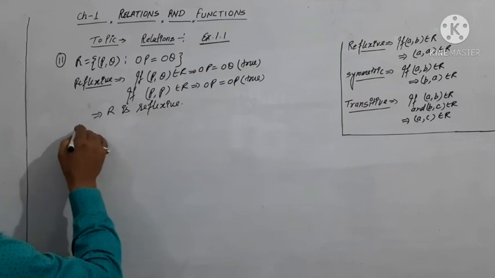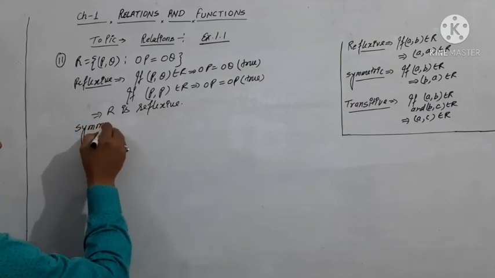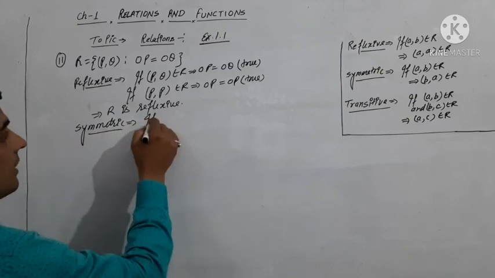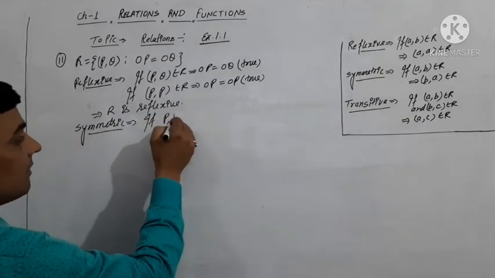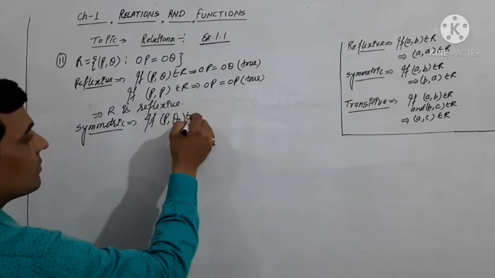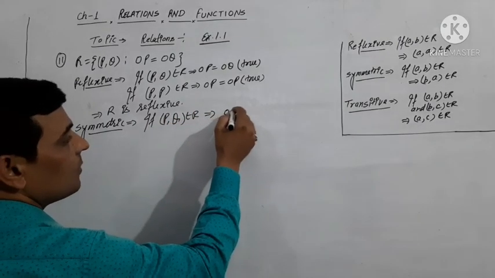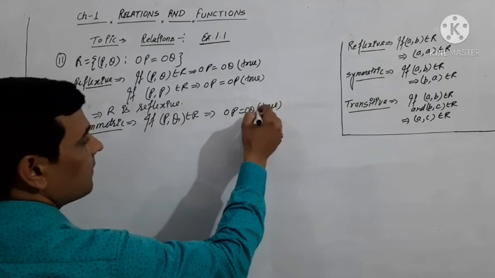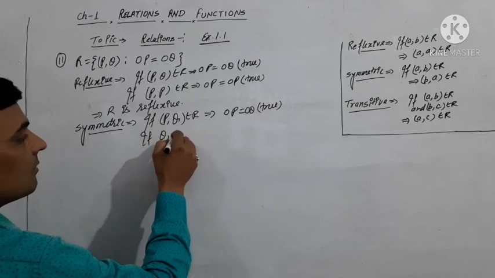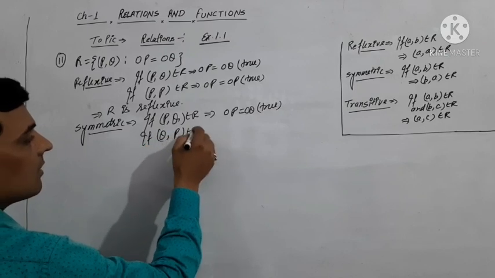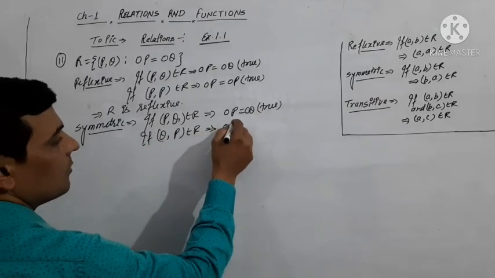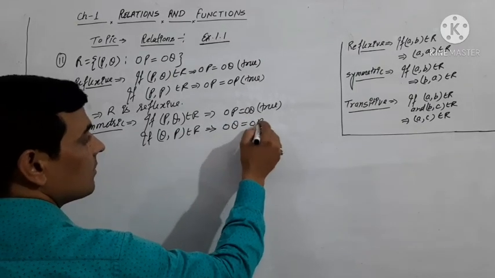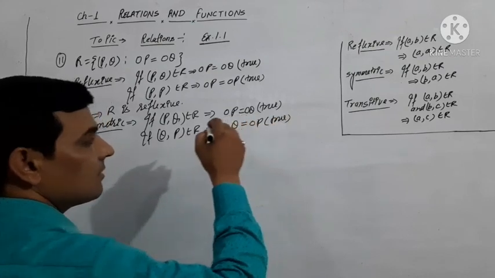Come to the second type, symmetric. Symmetric पर है, if for every point (P, Q) belongs to R, this implies that OP equal to OQ. This is true. Now if (Q, P) belongs to R, this implies that OQ equal to OP, which is also true. Why it is also true?